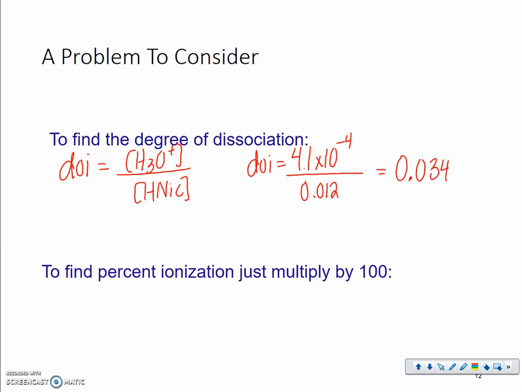Usually we turn this into a percent, multiplying it by 100. So only 3.4% of our nicotinic acid actually dissociated. 96.6% remained completely whole. So a very, very small proportion actually broke apart.